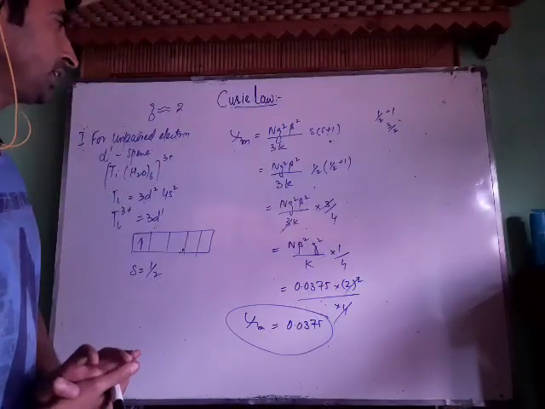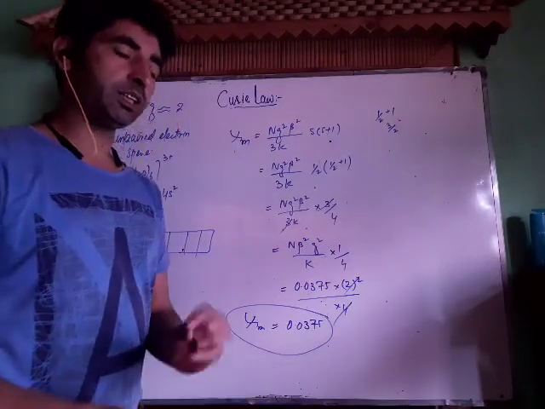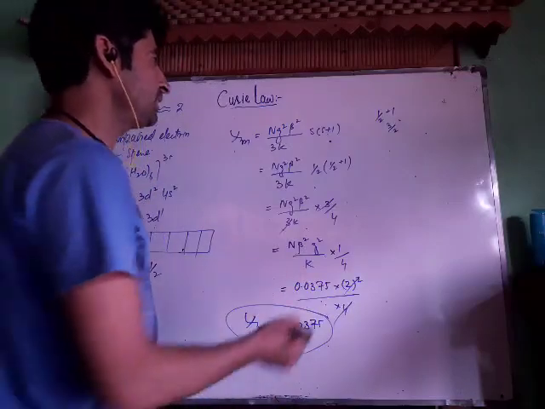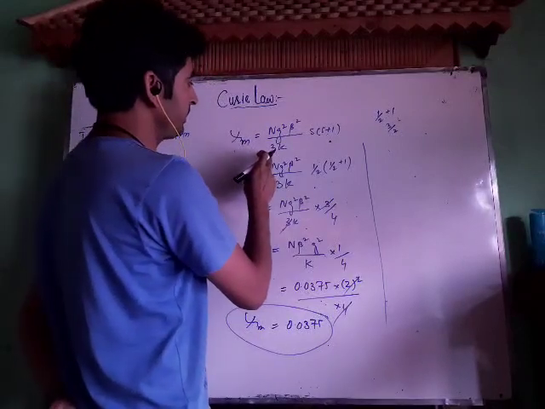Now we have determined chi-m, we can determine the Curie constant.